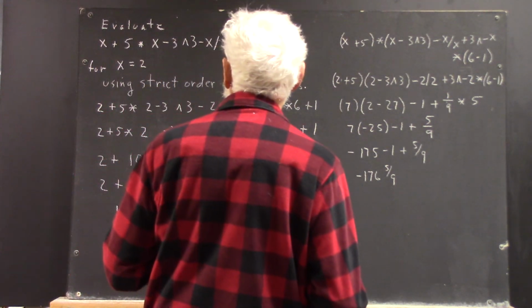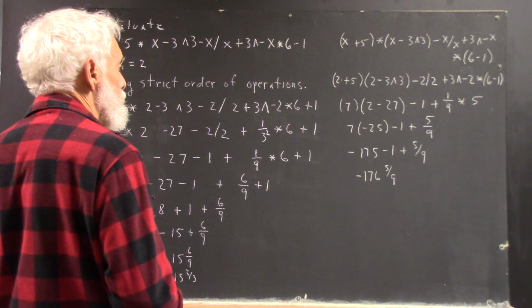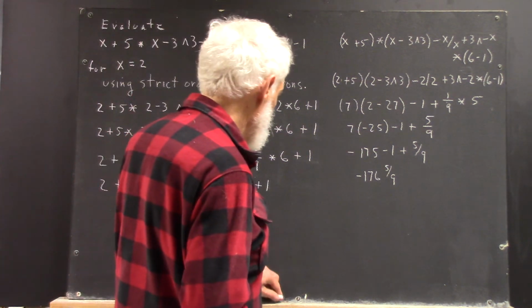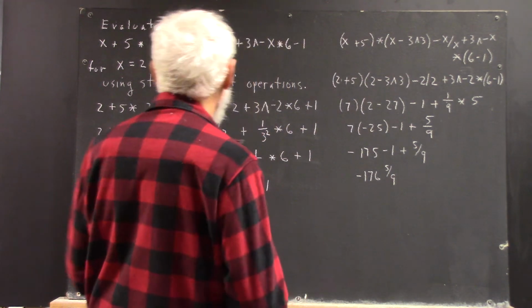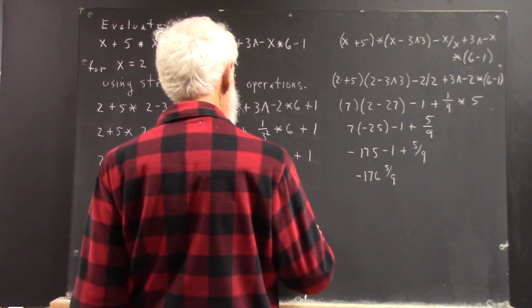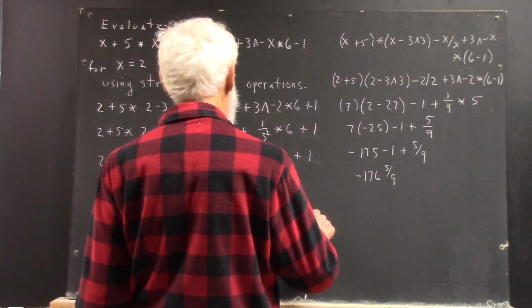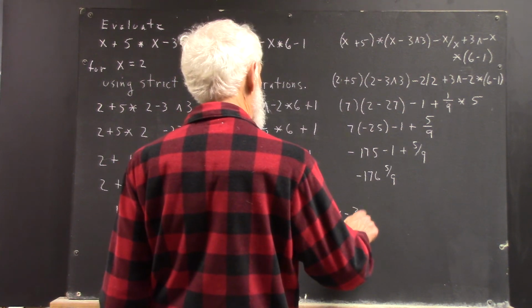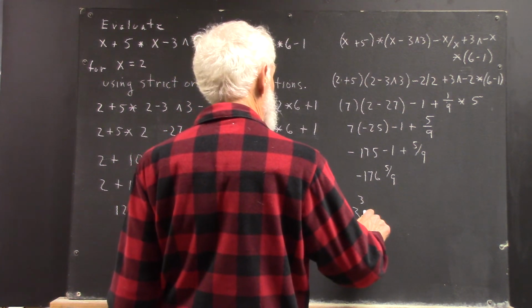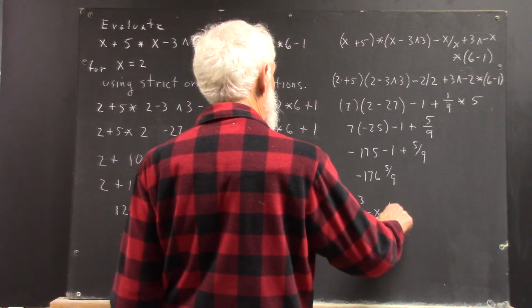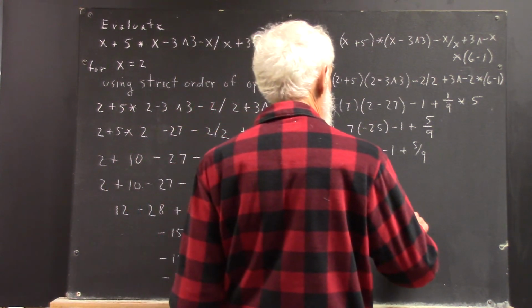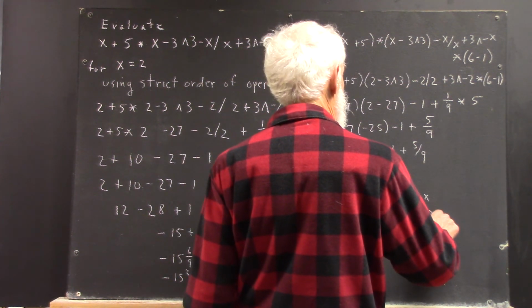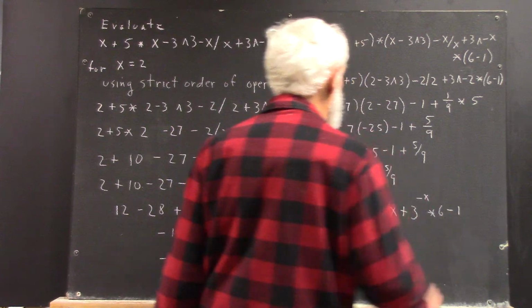I could have written this... well, in this case, there's really not another good way to write it. I mean, I could have written it as x plus 5 times x minus 3 raised to the third power minus x over x plus 3 to the negative x times 6 minus 1.